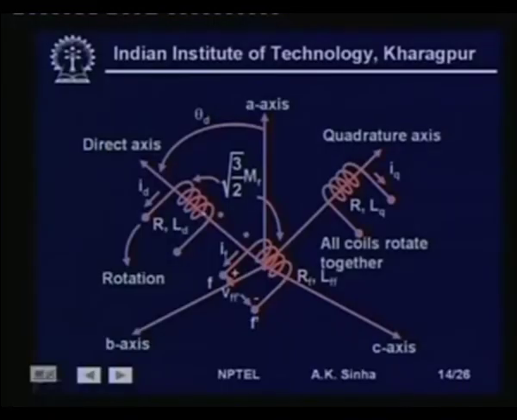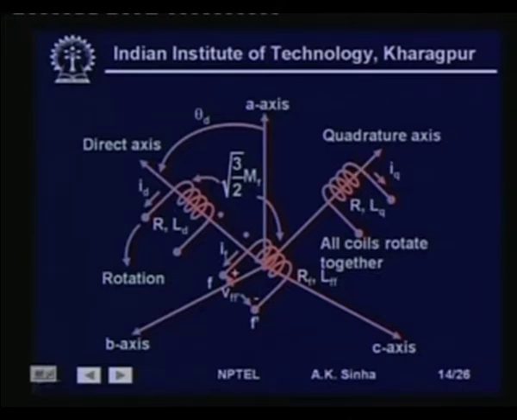So, here as we have seen, there is a mutual inductance between the d axis coil and the field or the rotor equal to root 3 by 2 into M f. Each of these direct axis coils has a resistance R and an inductance L d.